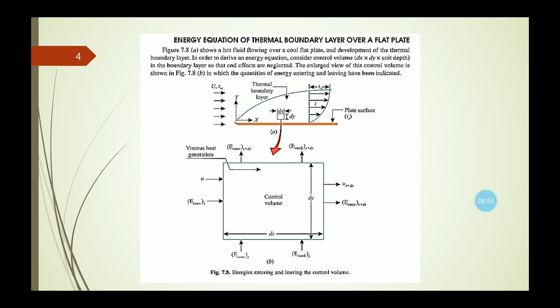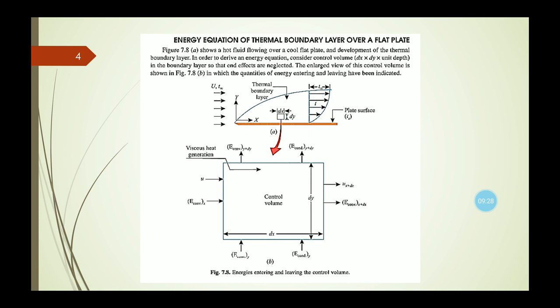In order to derive this energy equation, we have considered a control volume dx dy multiplied by unit depth in the boundary layer, so that the end effects are neglected. The enlarged or zoomed in view of this elemental control volume is given in 7.8b, where you can see its different surfaces, the left face and right face, or the top and bottom face.